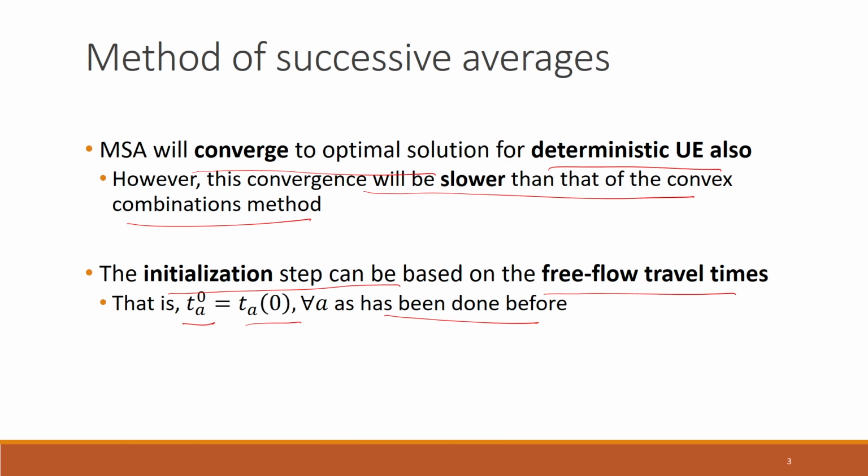Okay, and that we can use for the initialization step. So, those travel times are the free flow travel times because we are assigning 0 flow to every link, and then we are determining the link travel time based on the link performance functions.